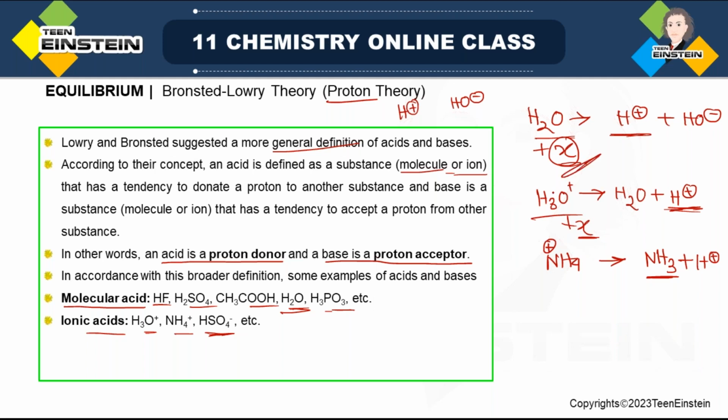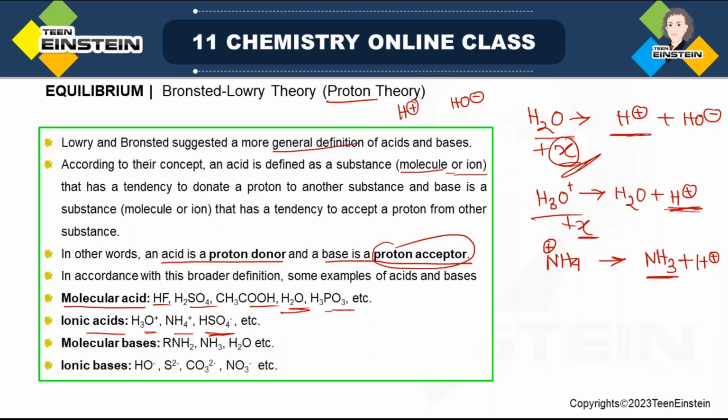Now this X is basically a Bronsted base, because what is the definition? It is a proton acceptor. So now we will see examples of bases. Molecular bases, that is neutral ones, include amines. See, water is also a molecular base. That means it can behave as an acid, and it can behave as a base as well. As I was saying, it depends on what other substance is present with it. Suppose with H2O, some other substance X is present which can accept a proton. In this case, H2O will behave as an acid.